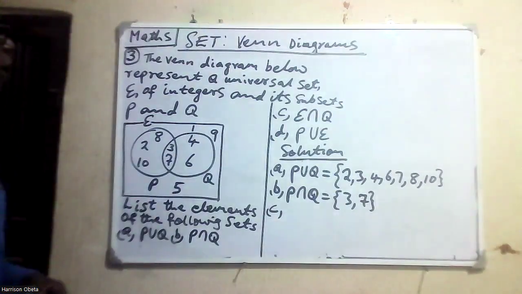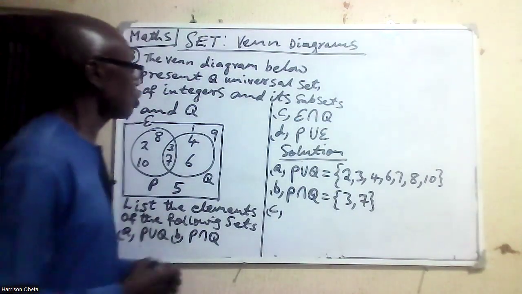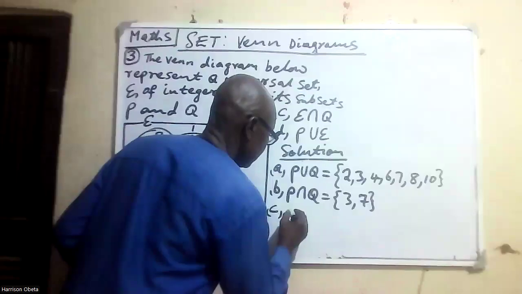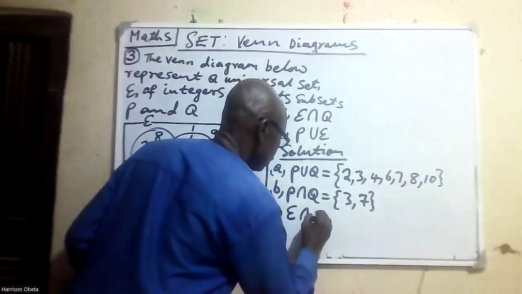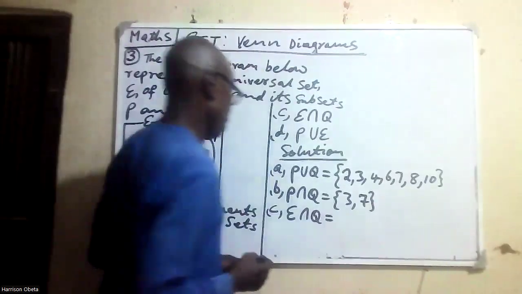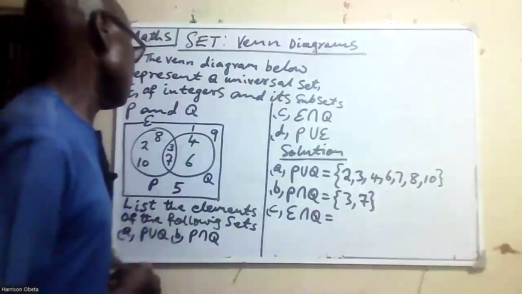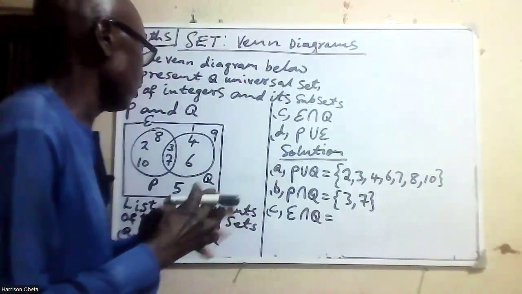Then C. In C, we have universal set intersection Q. Remember that intersection means what is common in both of them.